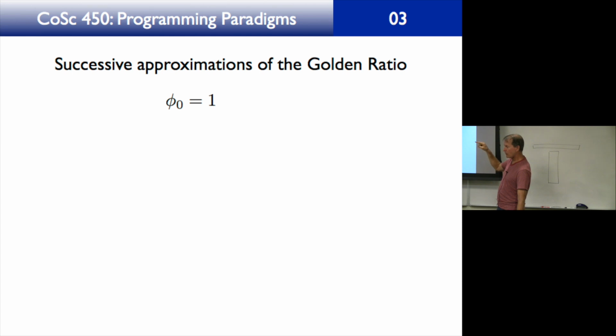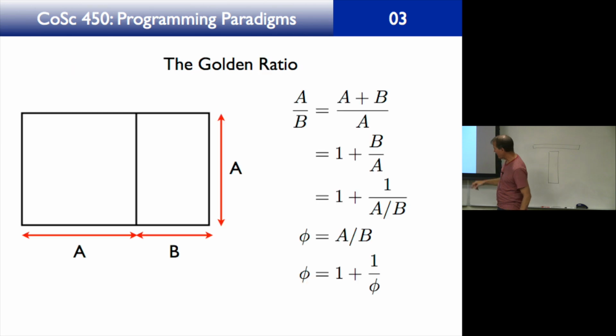Okay? And now how are we going to get phi sub 1? Let's go back. How are we going to get phi sub 1? Well, here, to a first approximation, phi is 1.